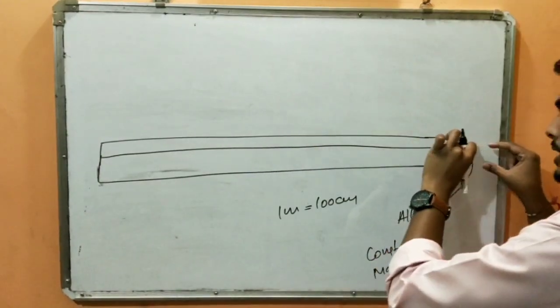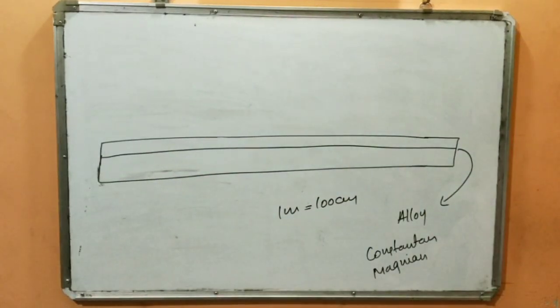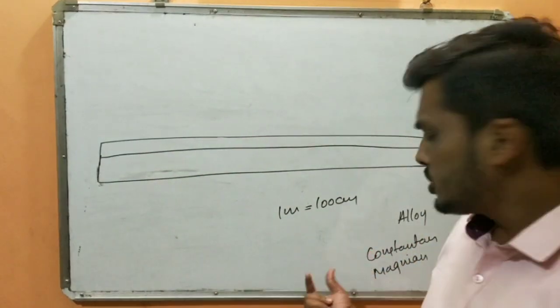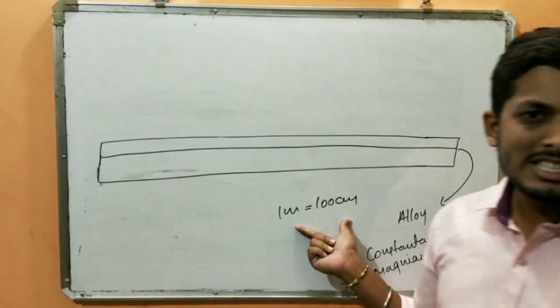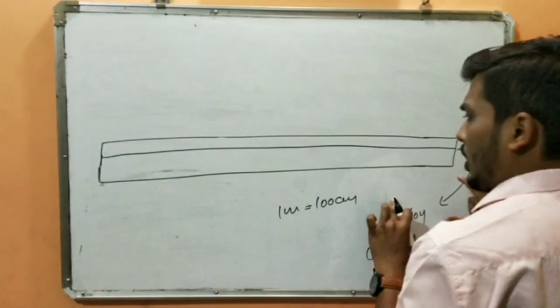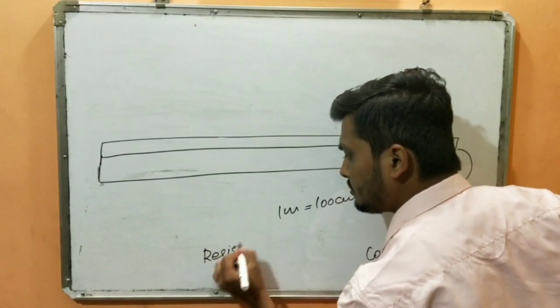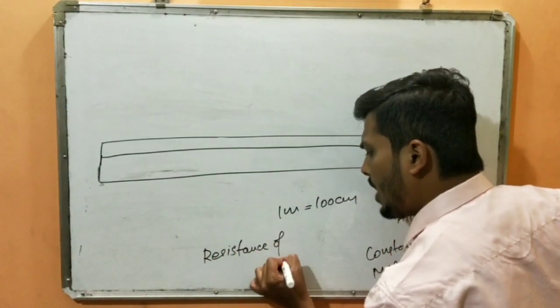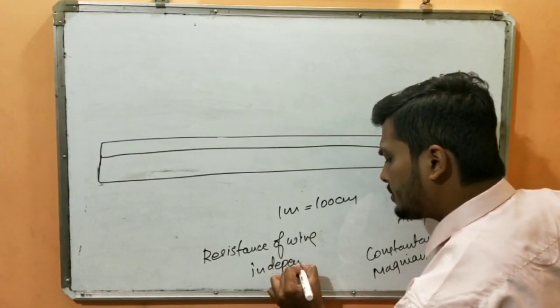On that wooden block I have taken a thick wire of uniform cross-sectional area, basically an alloy, maybe constantan or manganin, of length 1 meter or 100 centimeter. Try to imagine the things. Now the alloy or the wire should be such that the resistance of the wire should be independent of temperature.